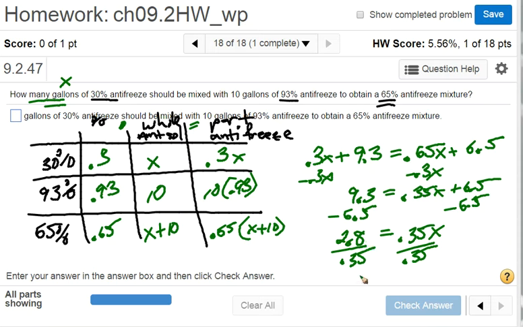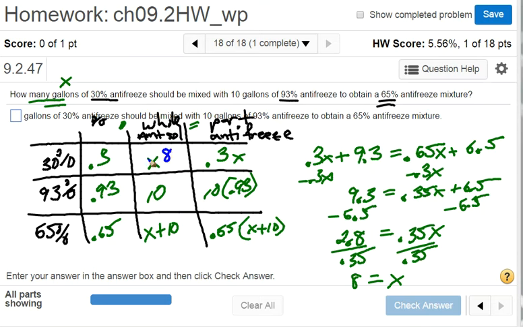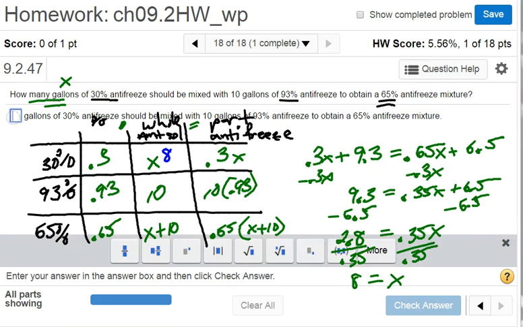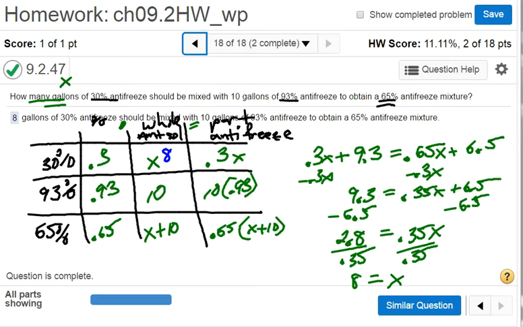I get 8. So 8 equals x. So we know then that we're going to have 8 gallons of that 30% antifreeze. And if we mix that with our 10 gallons of the other one, we're going to have our correct 65% mixture. So let me know if you have questions on those still, Jessica.